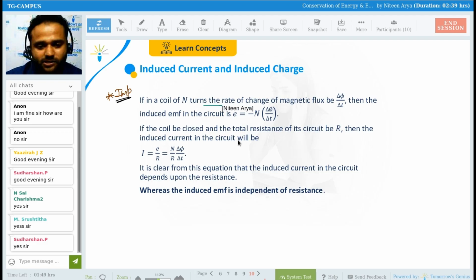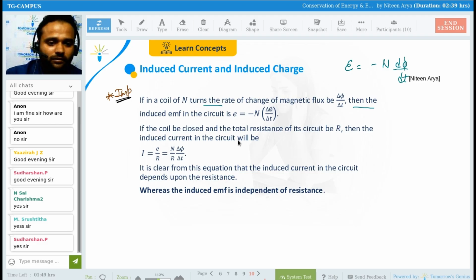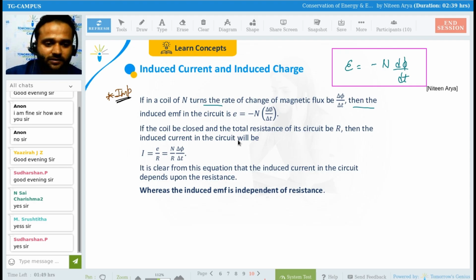If a coil has N turns and the rate of change of magnetic flux is d phi by dt, then the induced EMF in the circuit is this. Most of the time you will find this particular symbol, the induced EMF, equals minus N d phi upon dt. Stick this formula in your head for this chapter at least. Very important. Formula number 1.